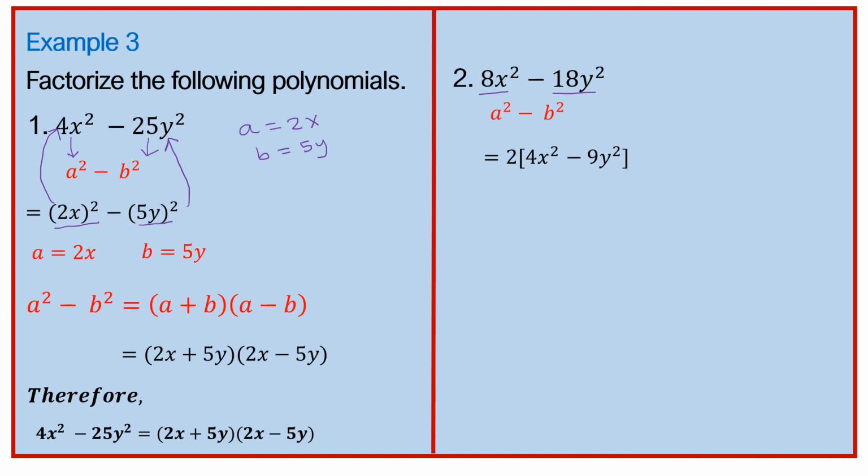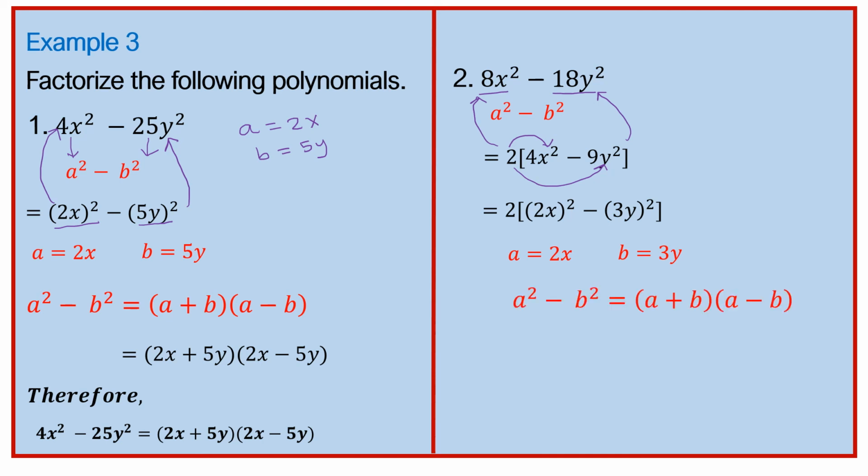So 2 times 4x squared will be the same as 8x squared, and 2 times 9y squared will be the same as 18y squared. So for that case, a will be 2x and b will be 3y, such that we get 2 into (2x plus 3y) into (2x minus 3y).